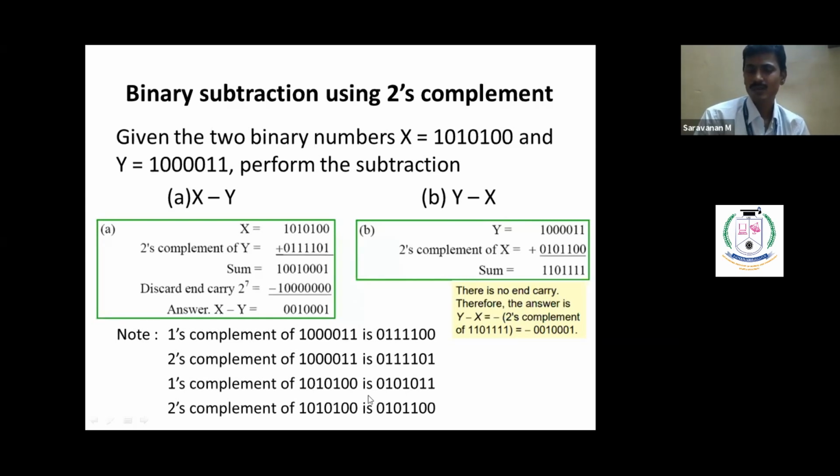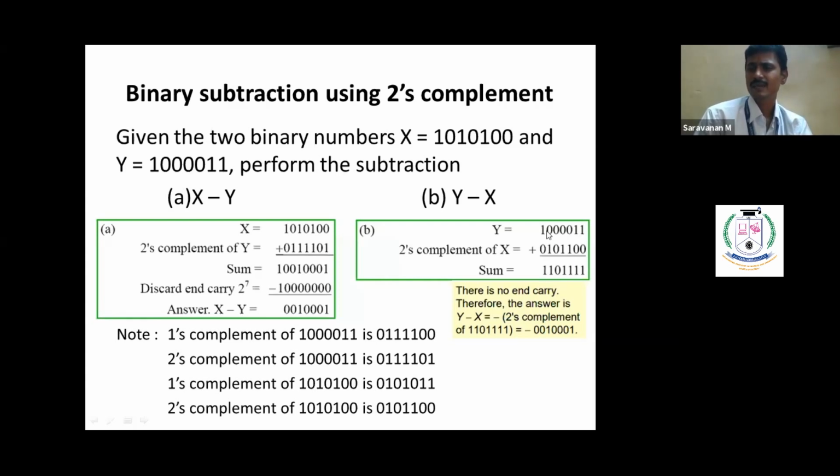How will we find the 1's complement? Take 1 as 0, 0 as 1. So 1010100 will be written as 0101011. With this add 1 so that we get the 2's complement of this. Now with this 2's complement, you have to add your second data, which is 1000011. Now add these two, we get a sum like this.